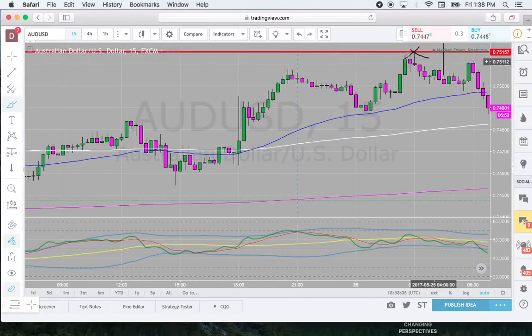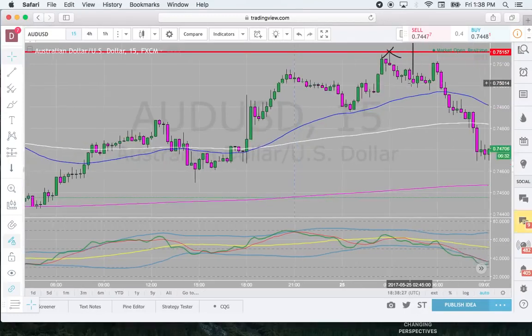So it barely touched the high of the week. But you have to remember the spread on the brokers is what determines the orders in here, the pendings that are being hit. So you always have to take that into account.